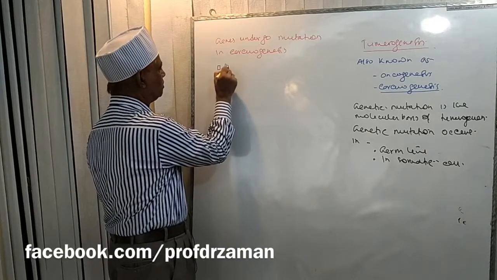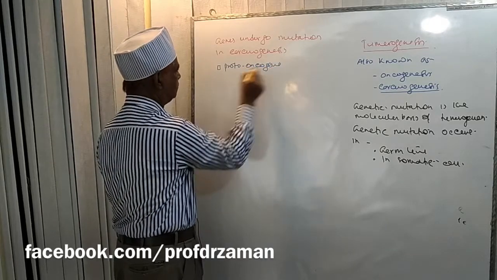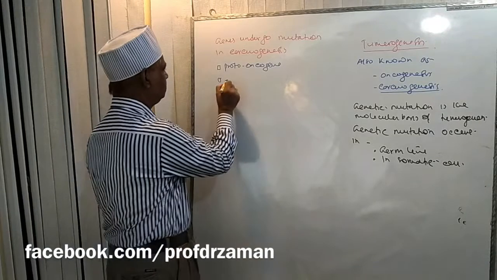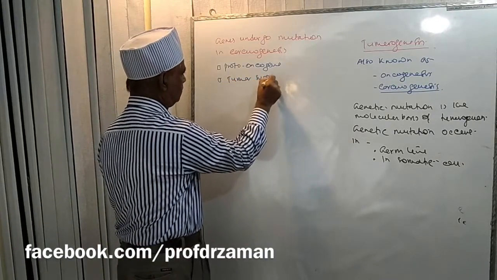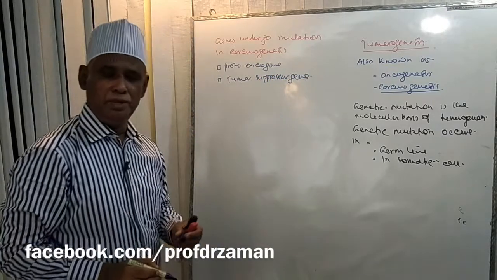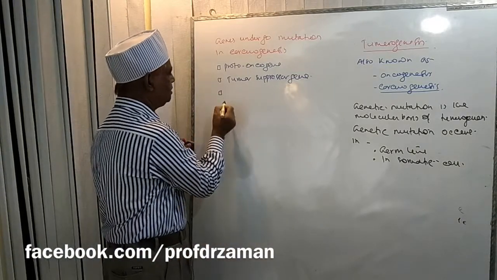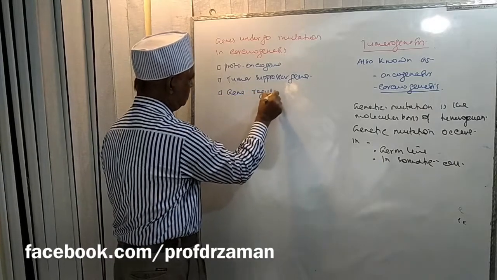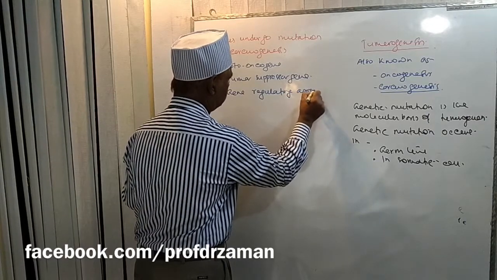One is proto-oncogene, another is tumor suppressor gene, then genes regulating apoptosis.